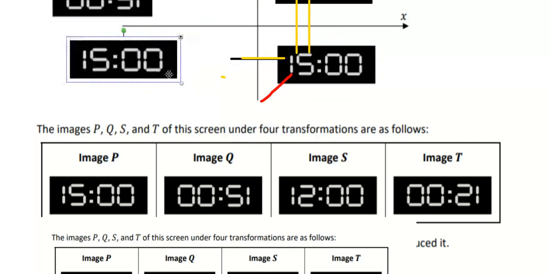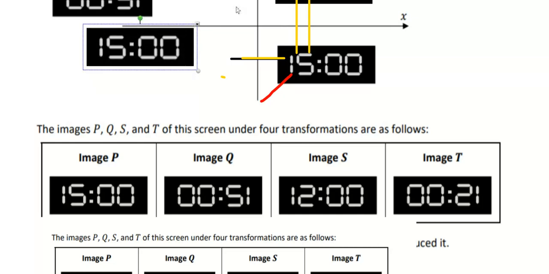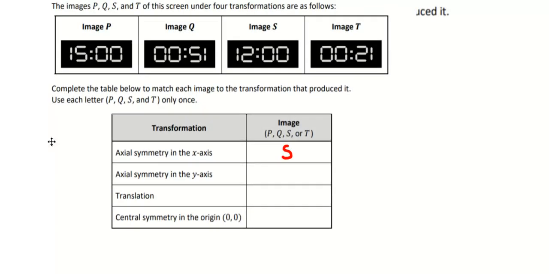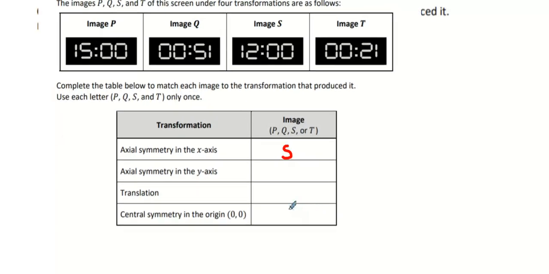So in this case, you can see that the 1 would move from here to here, and they all move the same distance. If I move the dots, they'd be here to here and here to here. So you can see everything moves the same distance. This is known as a translation. And in translations, the shape doesn't rotate or change direction, okay? So that means that image P is a translation. So this is image P.